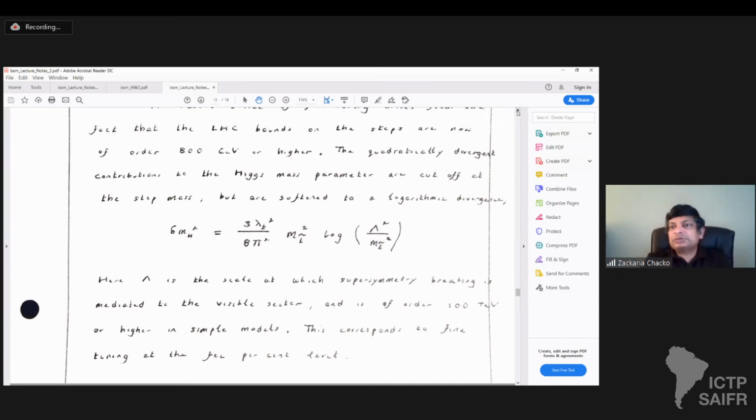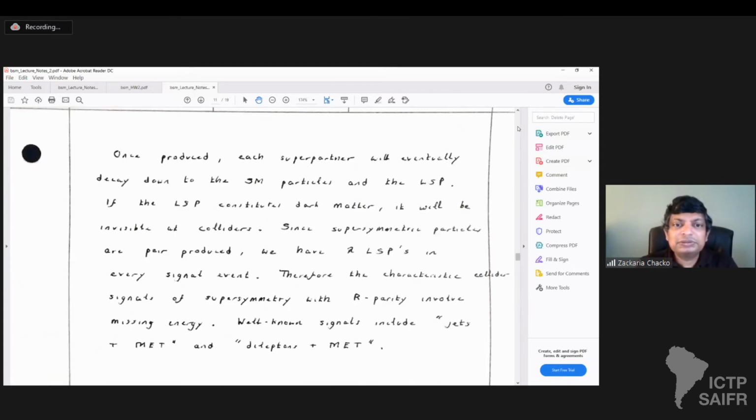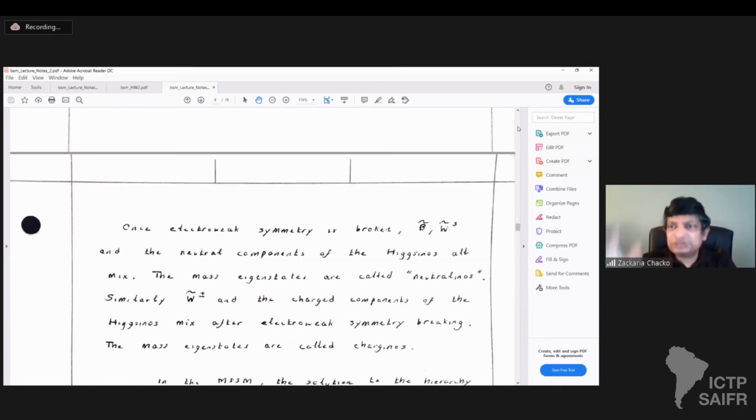Are there questions? Yeah. Sudipta is asking where R parity comes from. So usually we just impose it by hand. Usually we just say that R parity is a symmetry.